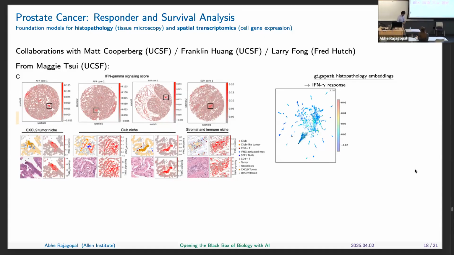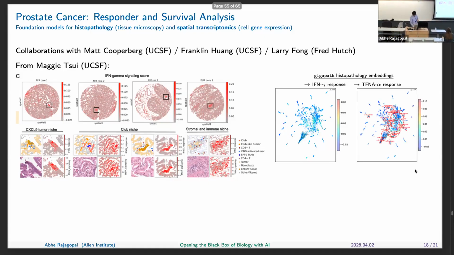It's a little bit hard to see here, but I can do it with IFN gamma and this other signaling pathway called TNF alpha. Basically, I'm able to automatically annotate regions of that trace UMAP that correspond to high signals. And importantly, it's really a small portion.